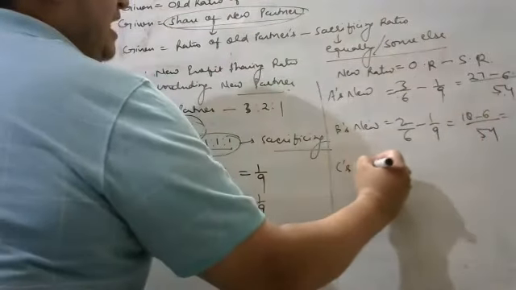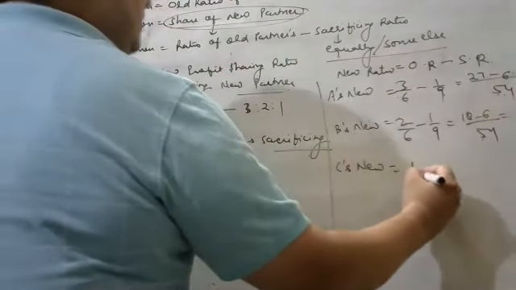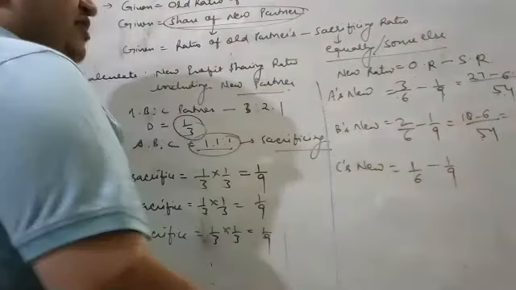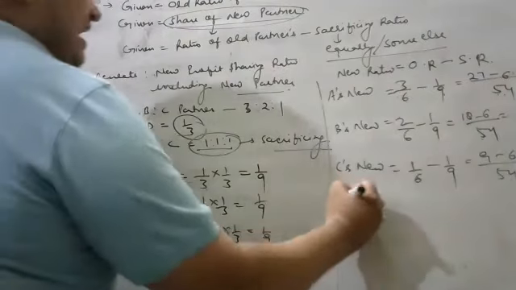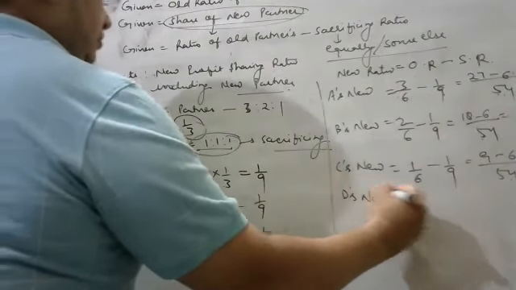C का new क्या होगा बेटा? The old ratio of C is 1/6 and 1/9 share he is sacrificing, that is 3/54, the new share of C. And D's new share is given, 1/3.